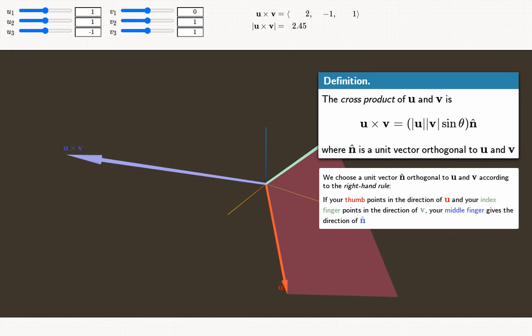Another way of doing this is to curl your fingers from u to v, and then, using your right hand, your thumb will point in the direction of u cross v. If you used your left hand instead, you would get the opposite direction for the vector. Anyway, I'll give you a moment to experiment with this. You can try adjusting the different vectors, and you'll see the cross product as a result.